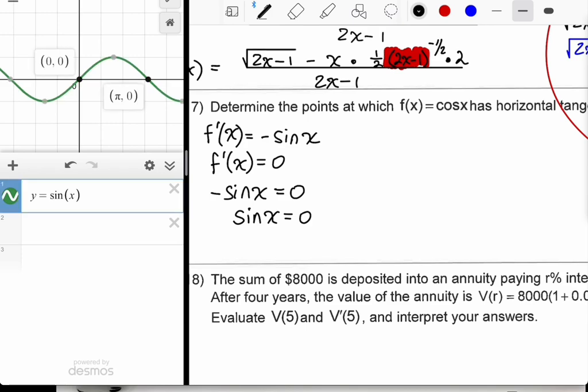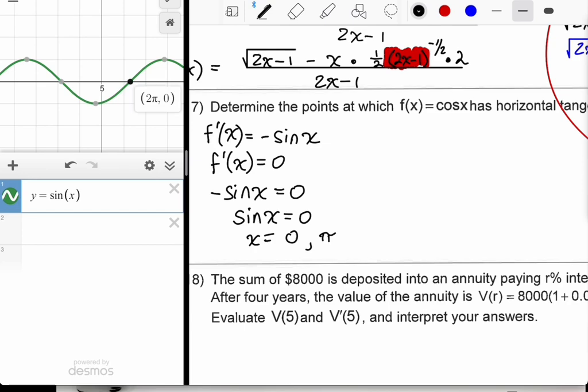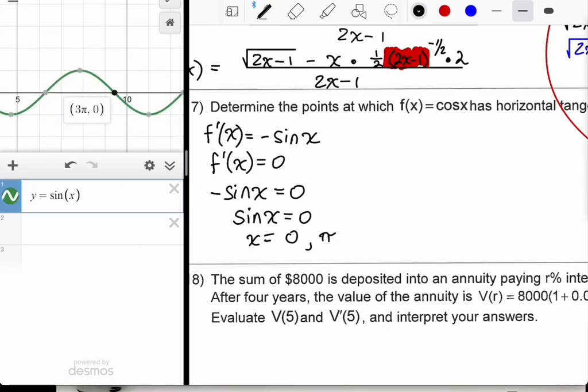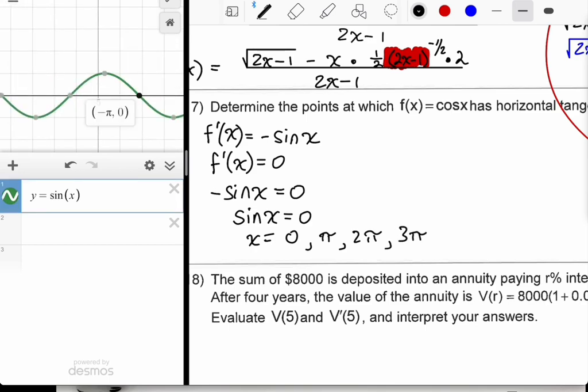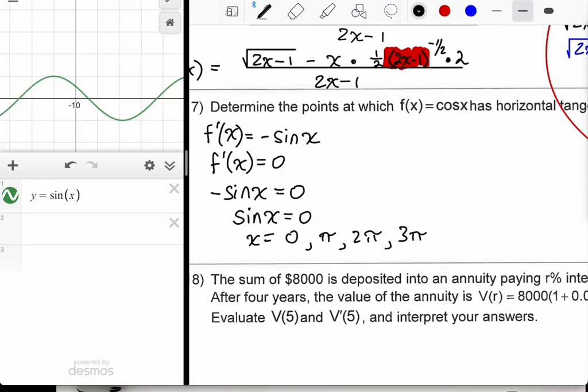So we have x equals 0, we got pi. If we go out further, we have 2 pi, we got 3 pi. We got all that, but it could also go the other way. So we have negative pi, negative 2 pi, negative 3 pi. So all these could be plus or minus.